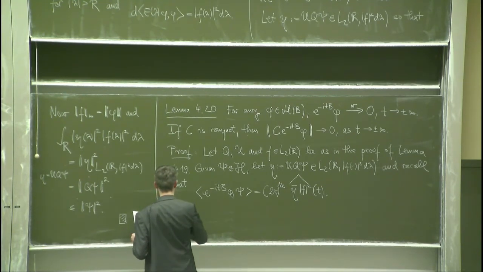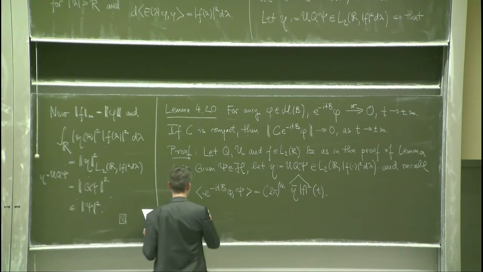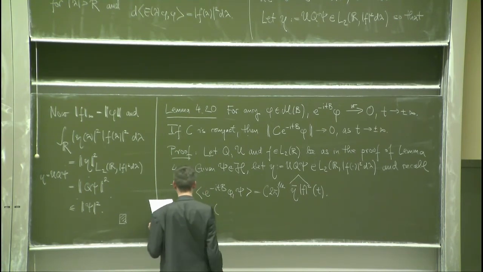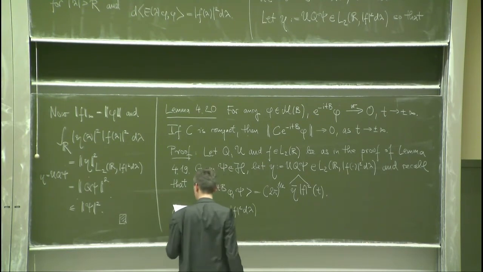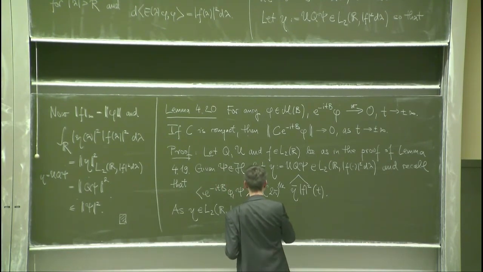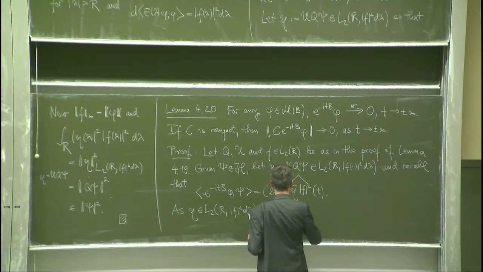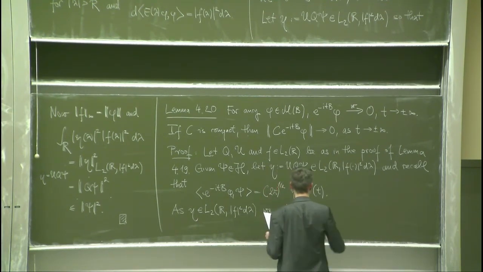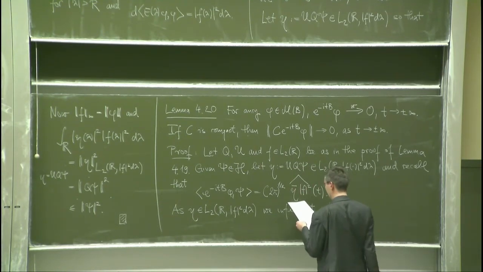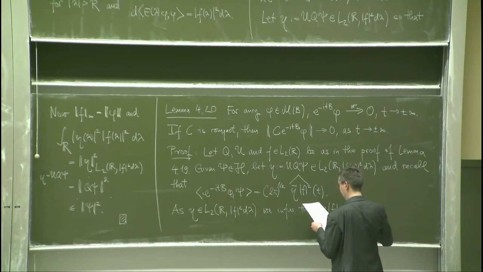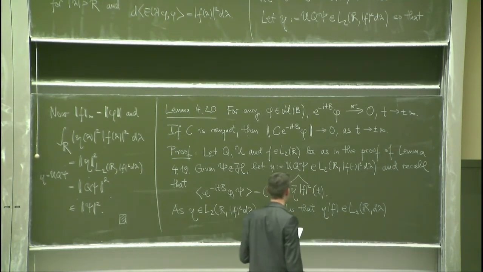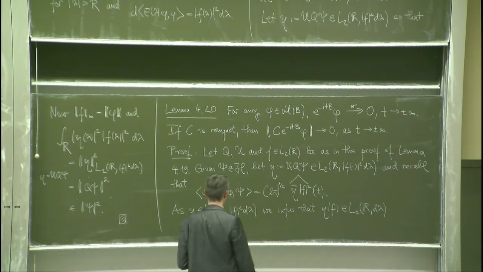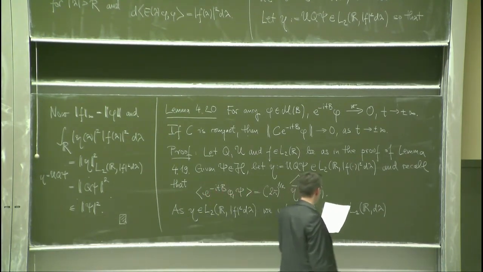Now, as the function eta is in L2 of R with respect to this measure here, we infer that eta times the absolute value of f is in L2 of R with respect to the usual Lebesgue measure.